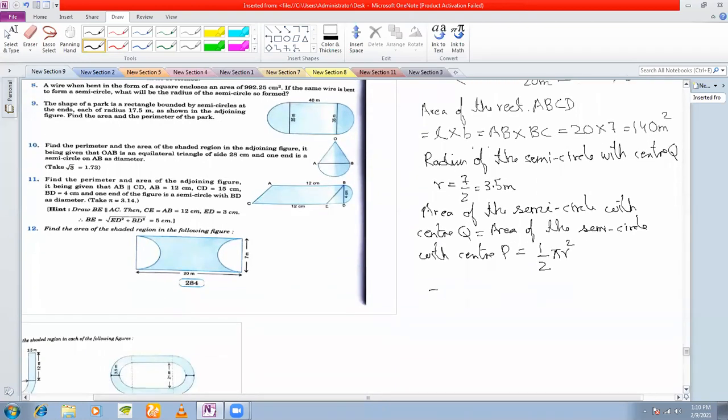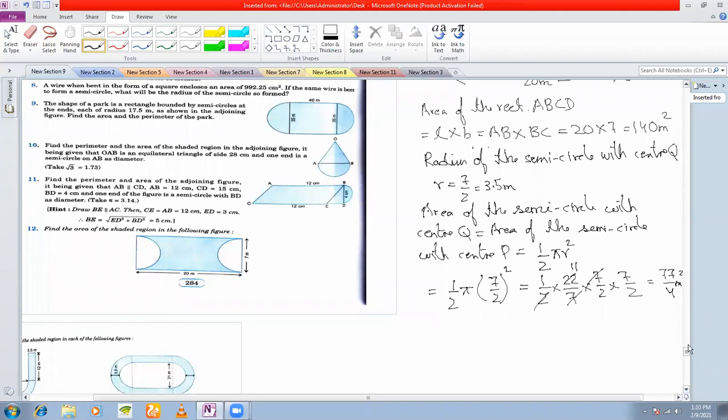Now let's put the values. Half pi. Now R, better to take 7 by 2 instead of 3.5. You can take 3.5 also. Better always to use fractional values. So now we put the value of pi also here. Half into 22 by 7. 7 by 2 whole square is 7 by 2 into 7 by 2. Cancel this. So you get 77 by 4. What is the unit? Meter square. Okay.